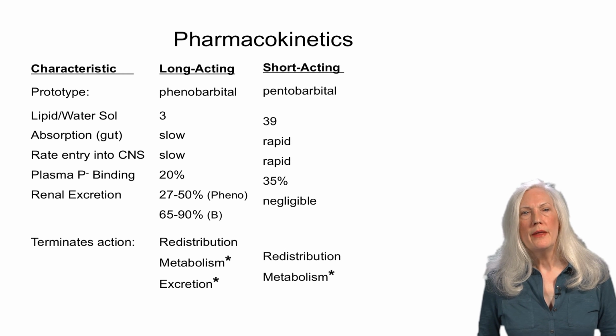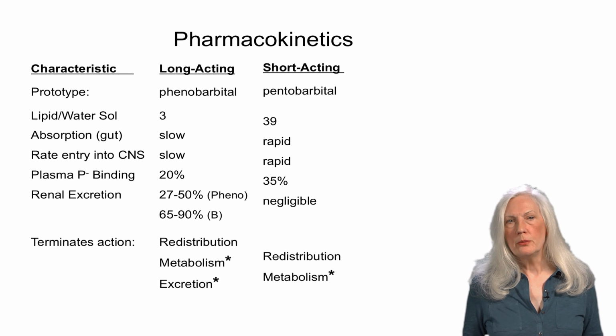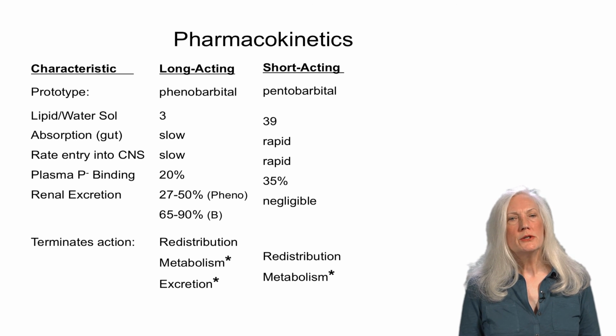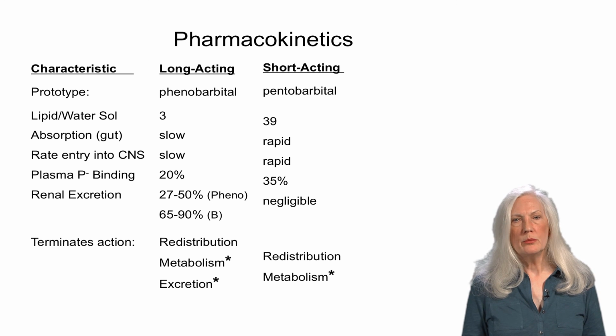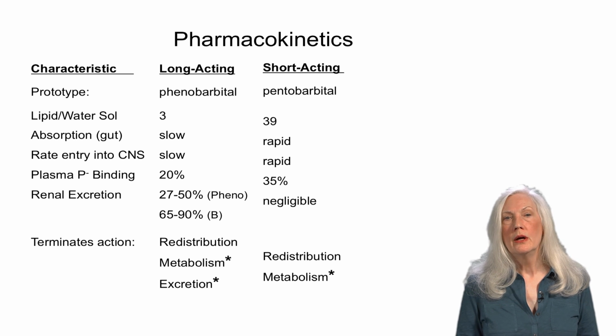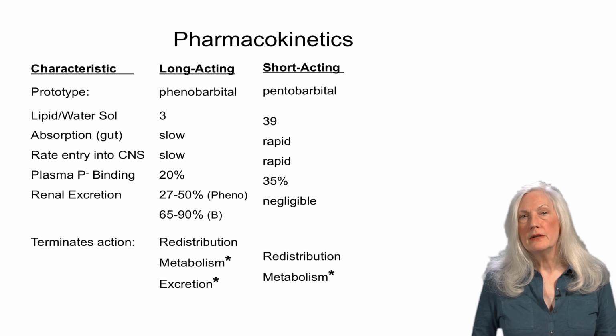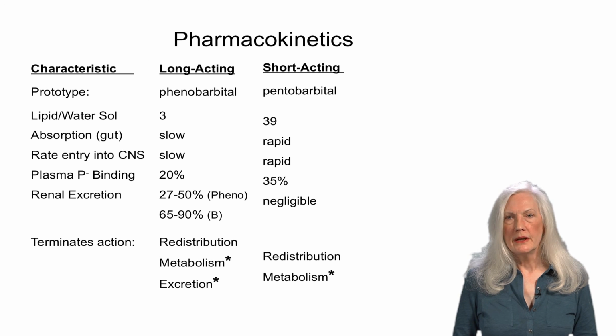Now we can compare that to a short-acting barbiturate. In this case, it's pentobarbital. It has a partition coefficient of 39. That means it's about 40 times more soluble in lipids than in water, or 13 times more soluble in lipids than phenobarbital. As a result, it's more rapidly absorbed from the gut.